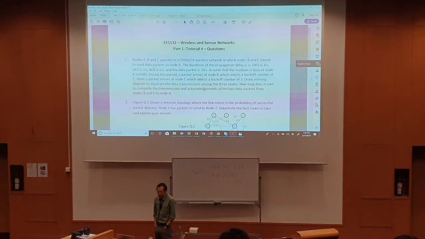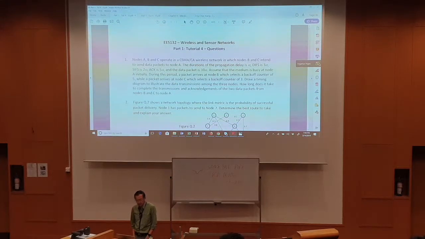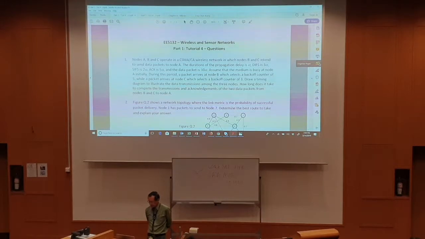Nodes A, B, and C operate in a CSMA/CA wireless network in which nodes B and C intend to send data packets to node A. The propagation delay is alpha, DIFS is 3 alpha, SIFS is 2 alpha, ACK is 5 alpha, and the data packet is 10 alpha.